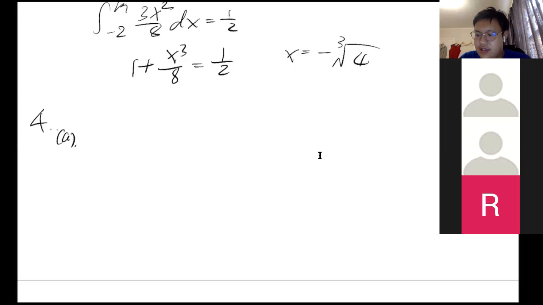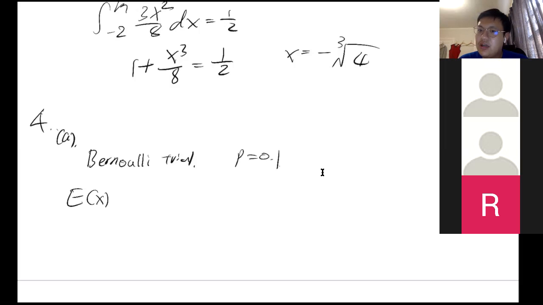So we know that this is a Bernoulli trial, with a success probability of p equal to 0.1, meaning the student goes to office hours. The expectation of a Bernoulli random variable is just the probability, which is 0.1.